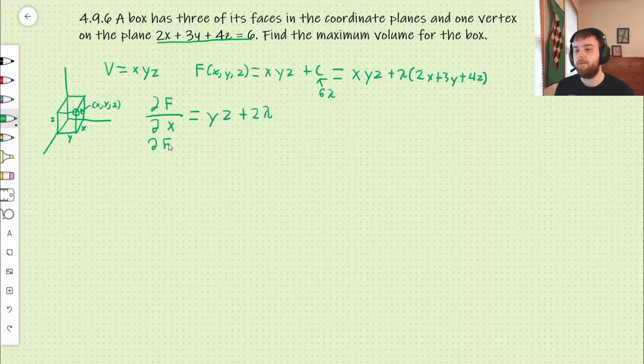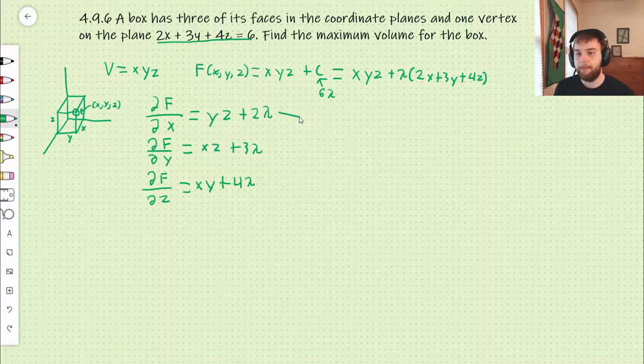And for del f del y, it's going to be xz plus 3 lambda. And then we're going to have xy plus 4 lambda.